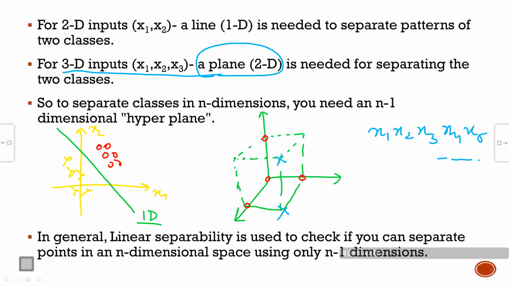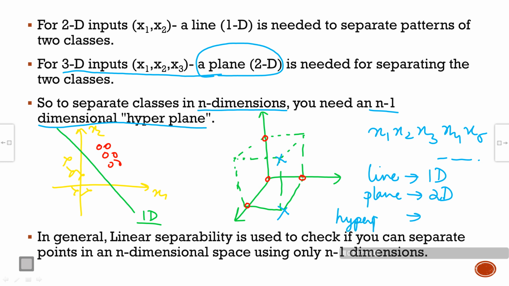To separate the classes in n dimensions, we require an n minus one dimensional hyperplane. A line is one dimension. A plane is two dimensions, and anything beyond that is called a hyperplane.